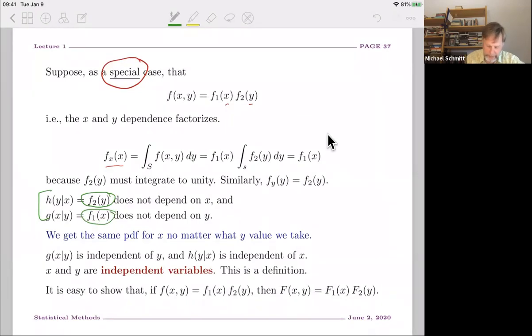So that means that we get the same PDF for X no matter what Y value we take. And that is, of course, the definition, the meaning of independent. Okay, so when G of X given Y is independent of Y, and H of Y given X is independent of X, this just says that X and Y are independent variables. And this is a definition. Okay, this is important.